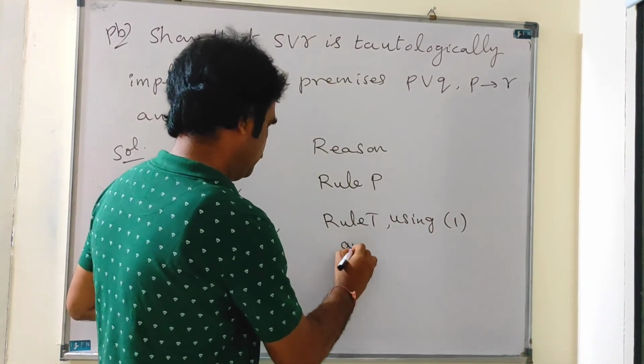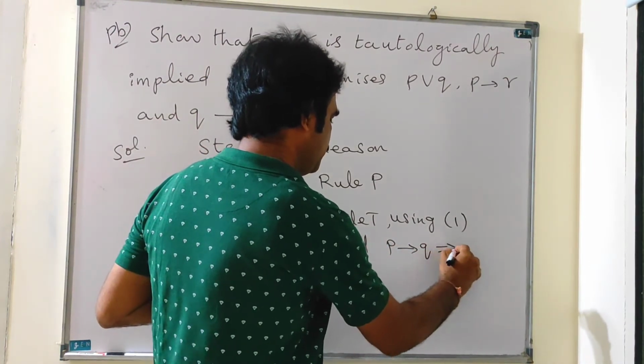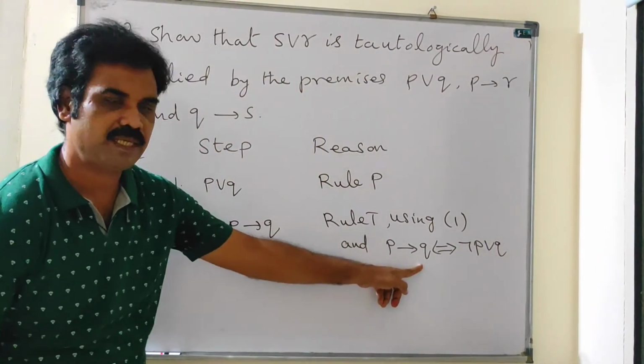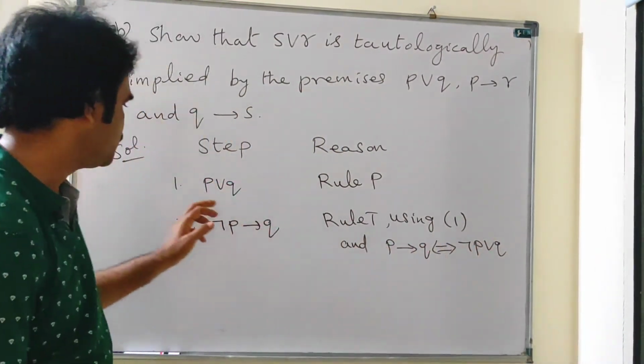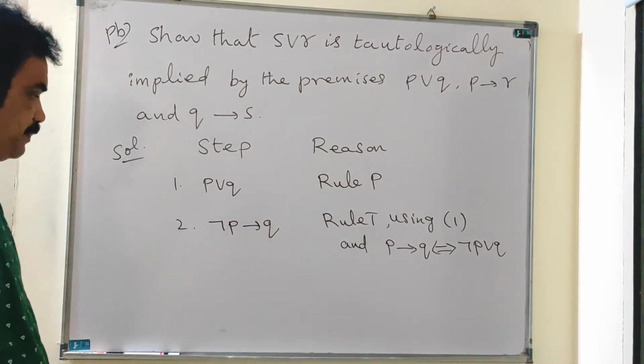P implies Q is equivalent to negation P or Q. So you know that P implies Q is equivalent to negation P or Q. That's why here P or Q can be written as negation P implies Q.